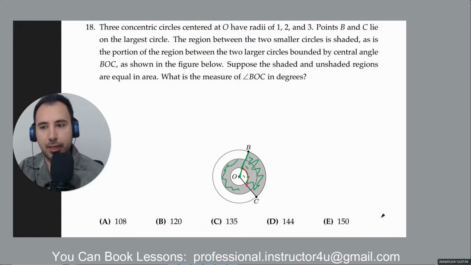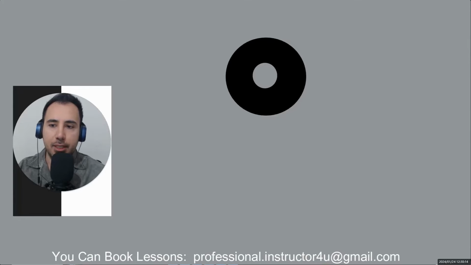Okay, so before I actually try to do this one, let's go, how do we find the area of a donut shape or a bagel shape? Let's check that, and then we come back and deal with this question. We don't have a specific formula for this, but all you need to know is the formula for the area of a circle.